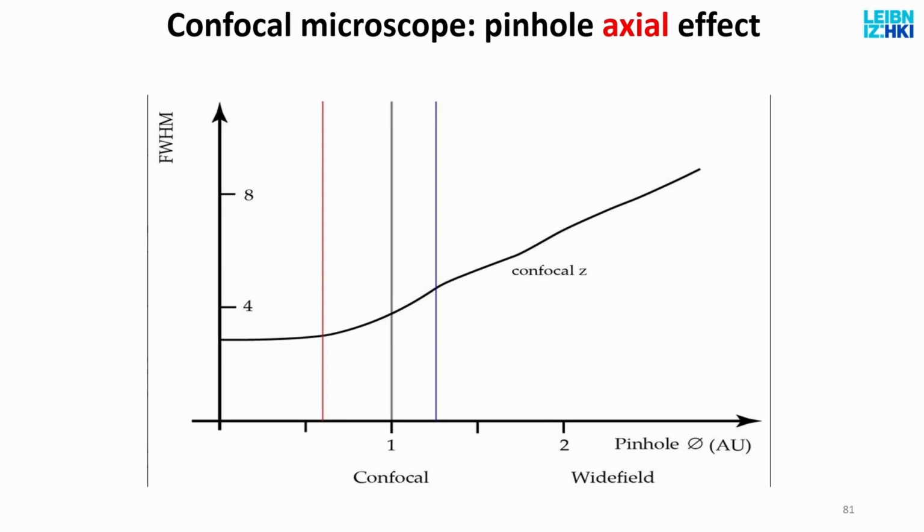What you see is that this is in Airy units. At 1 Airy unit, this is where the curve is. And then if I open the pinhole, my resolution gets worse and worse, of course. But you also see that if I go down to like 0.6, 0.7 Airy units, after that nothing really happens to the resolution.